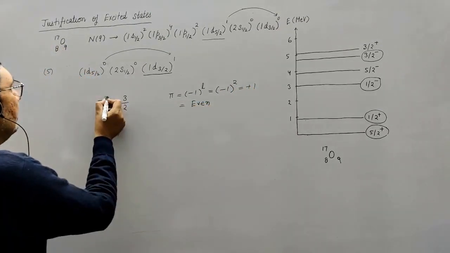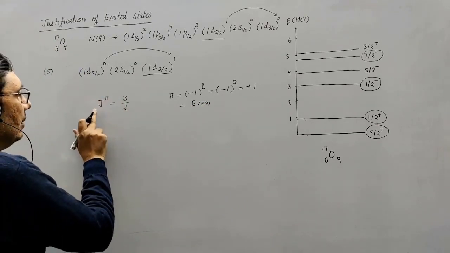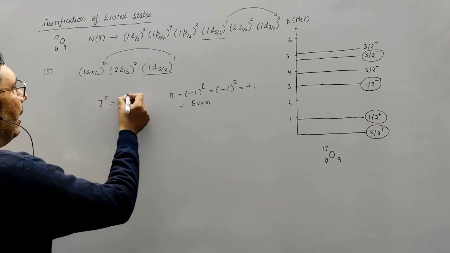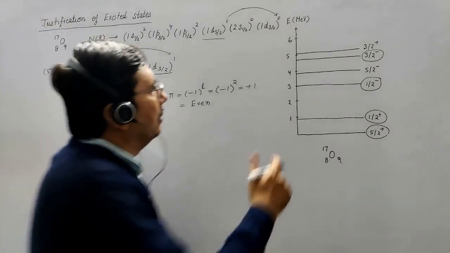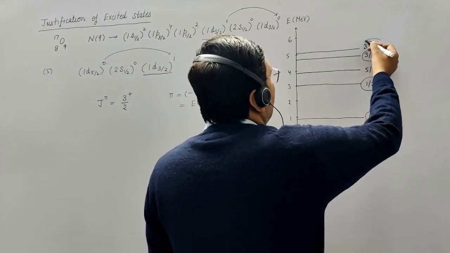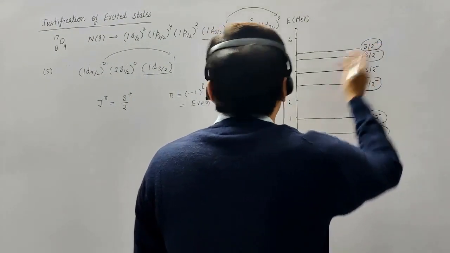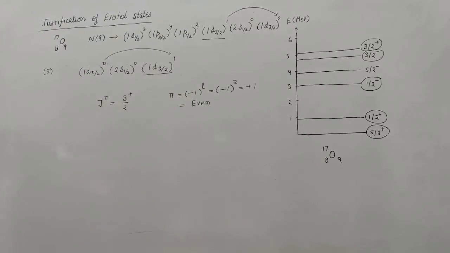So we can write that the angular momentum, spin and parity of this excited state will be 3 by 2 plus. So this 3 by 2 plus excited state can be obtained in this way. This is another method by which one can obtain the excited state.